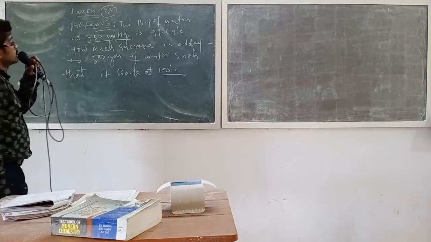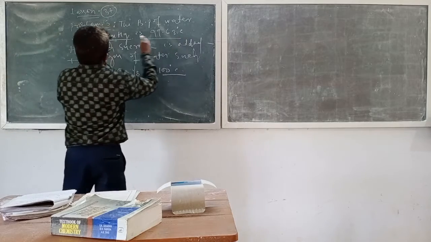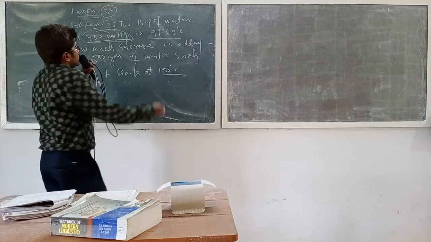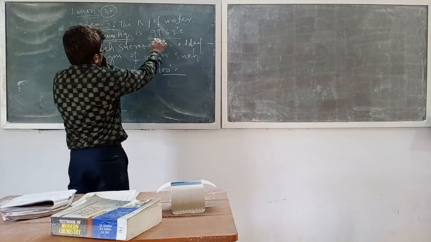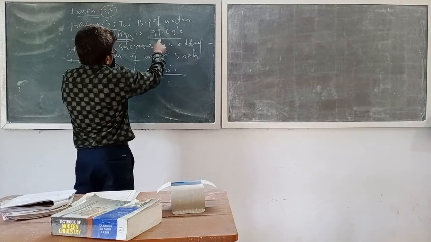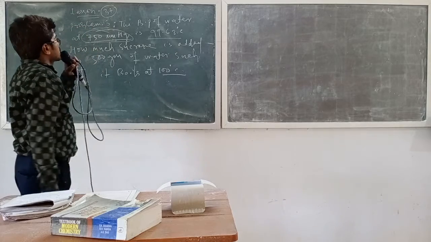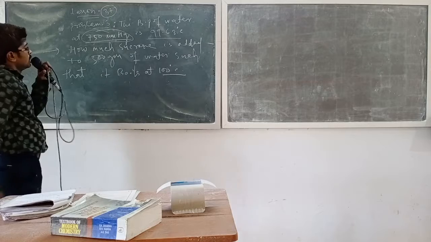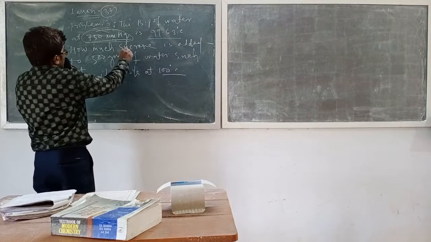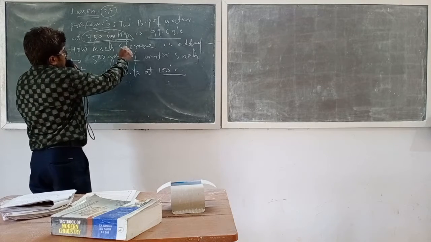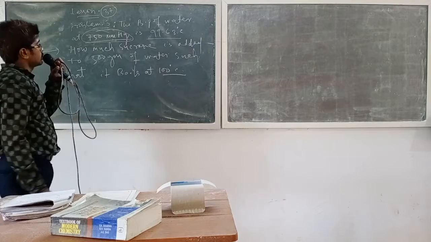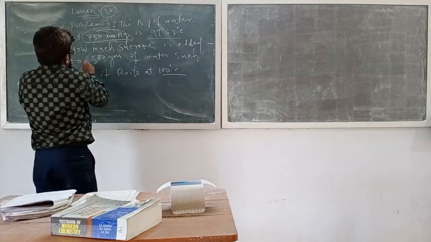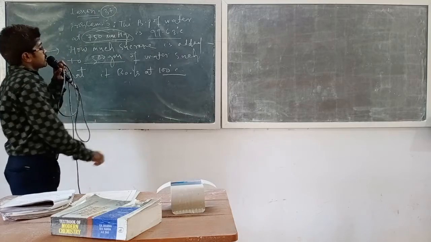So this value is not necessary for us. This value is necessary for us. This is the requirement. The boiling point of water given is 99.60 degrees Celsius. So how much of sucrose? That means the weight of the sucrose. It asks about the weight of the sucrose. That means how much sucrose is added to 500 grams of water.